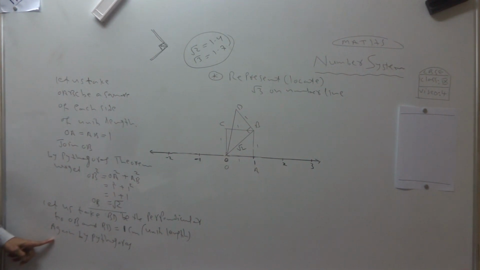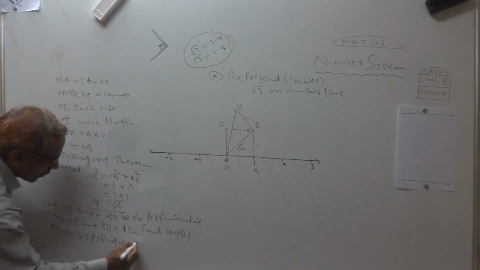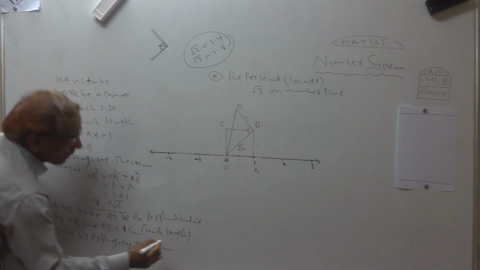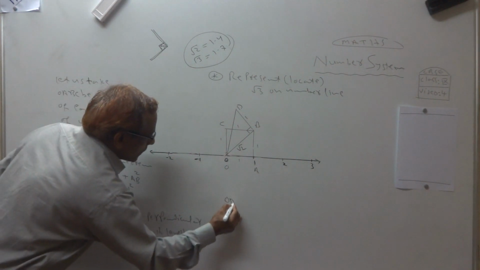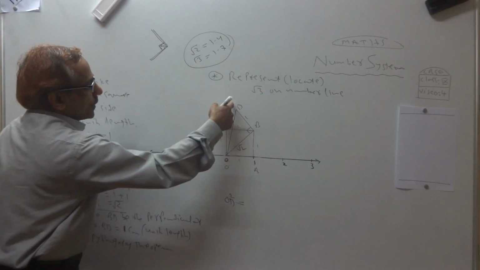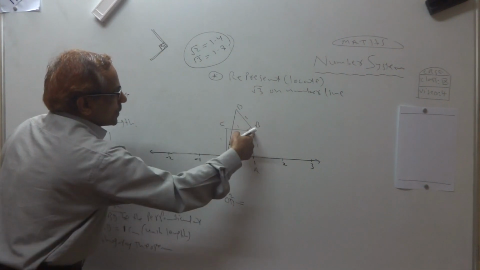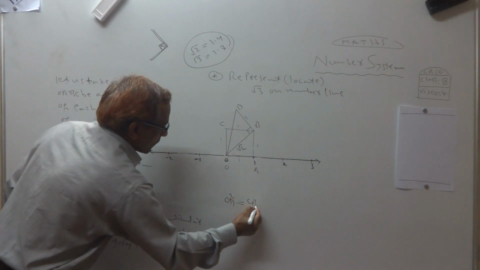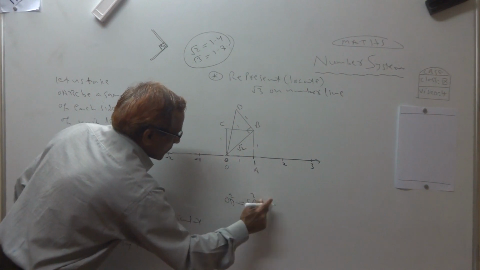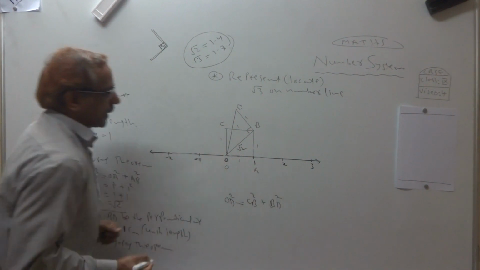Now by Pythagoras theorem, again, OD square is equal to OB square plus BD square.